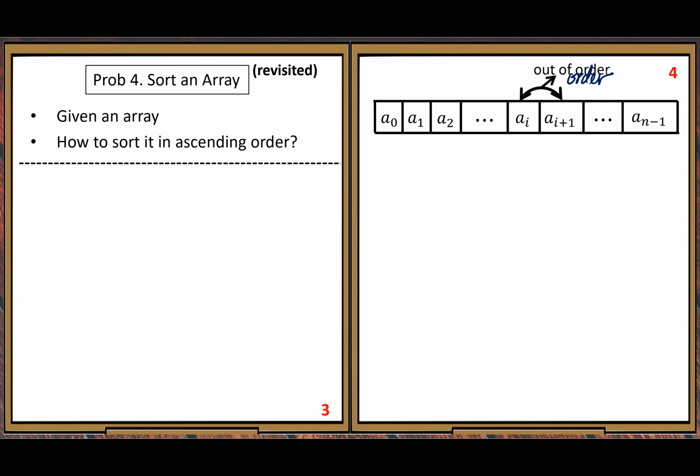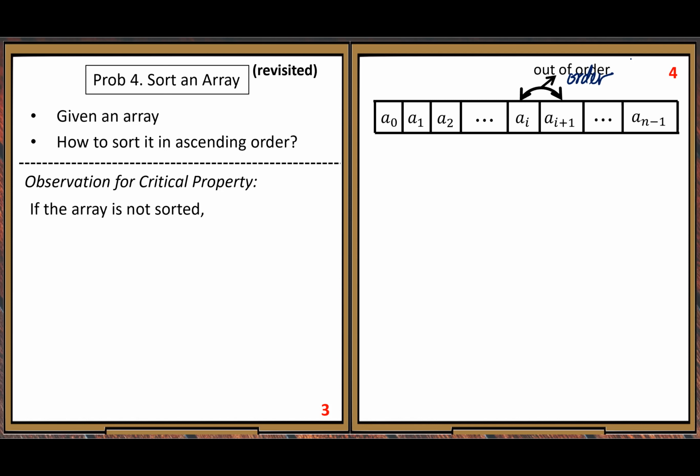But here the question is, if these two elements are out of order, what would happen? So you know the meaning, right? That's the property we want to discover, the critical property.